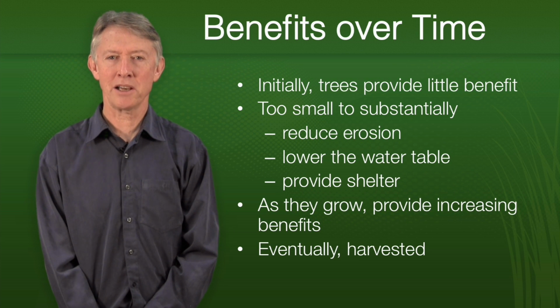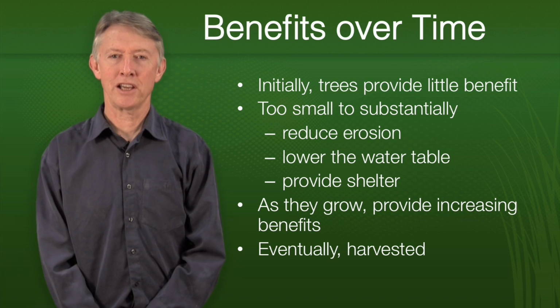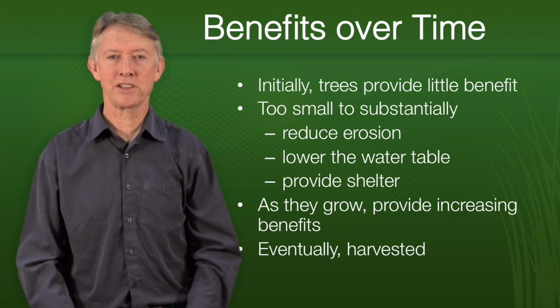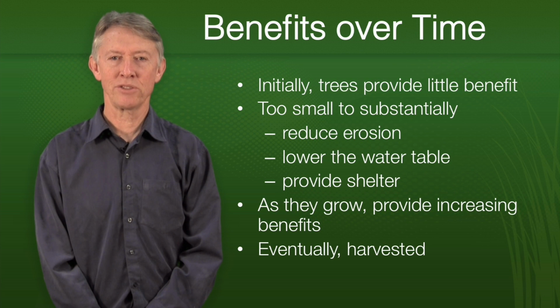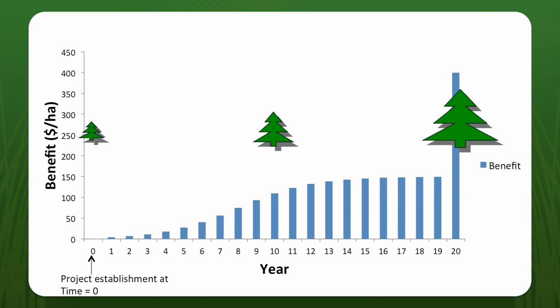Eventually, depending on the nature of the project, if it's a commercial tree, you may harvest it at the end of the project and sell the products and generate an additional benefit. So this diagram illustrates that.